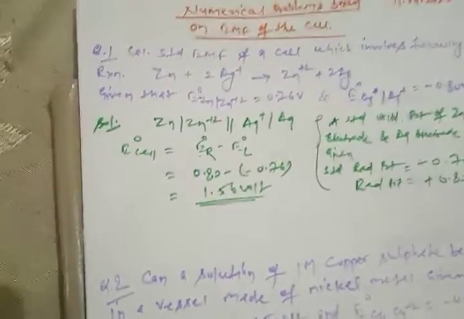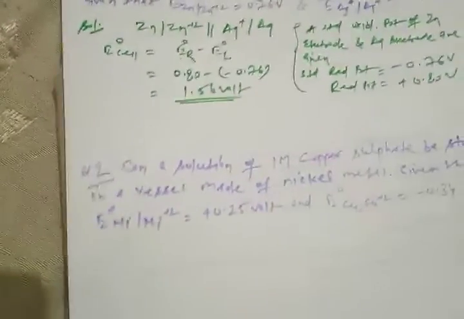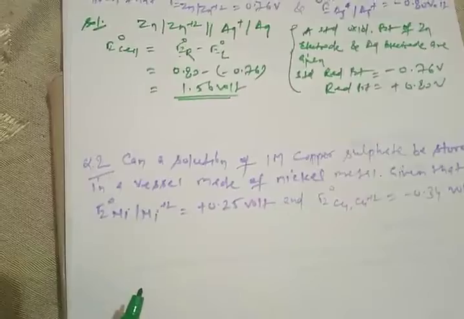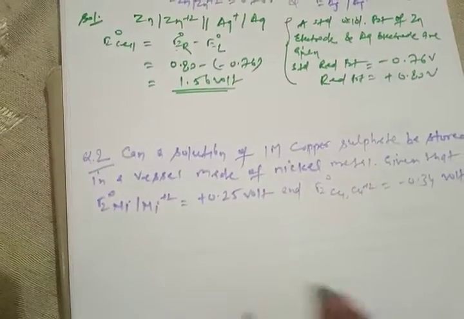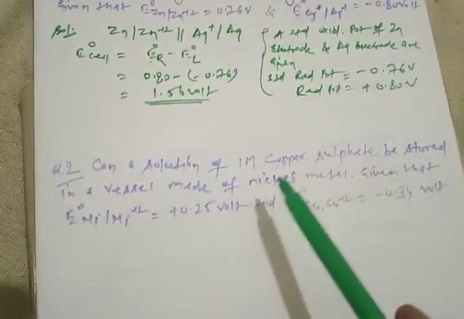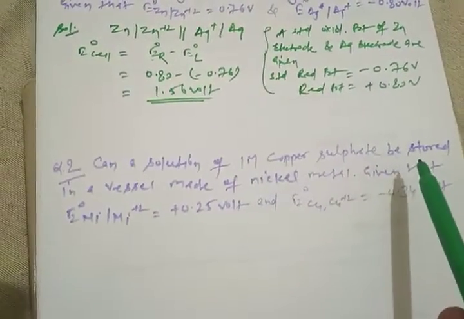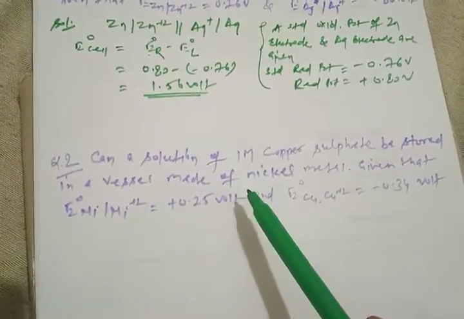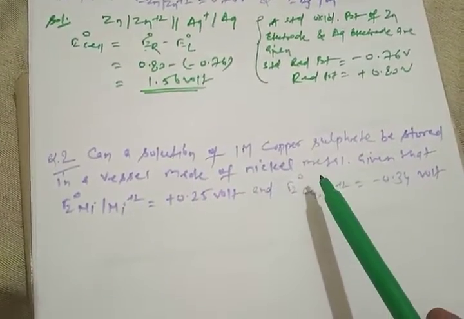Okay, the next, the second question, is a logical question. This is one of the questions which I had also discussed with you in my video. The question is: can a solution of 1 M copper sulfate be stored in a vessel made of nickel metal?